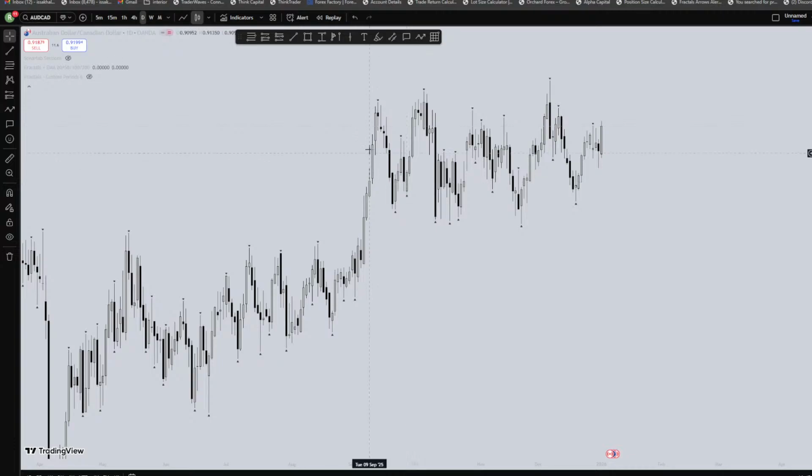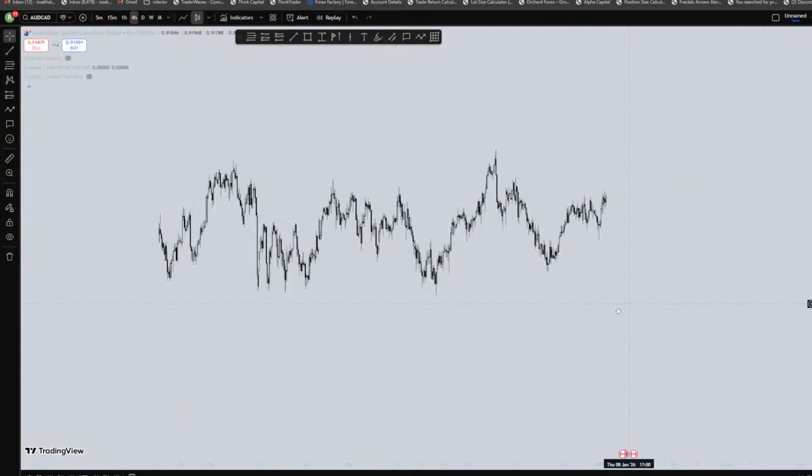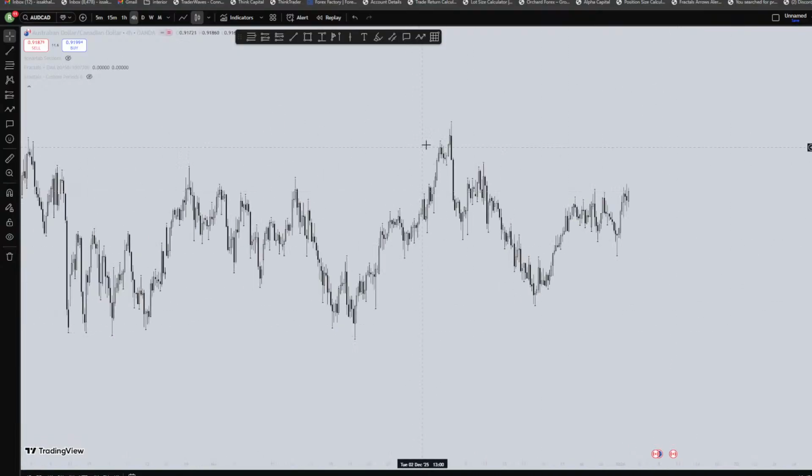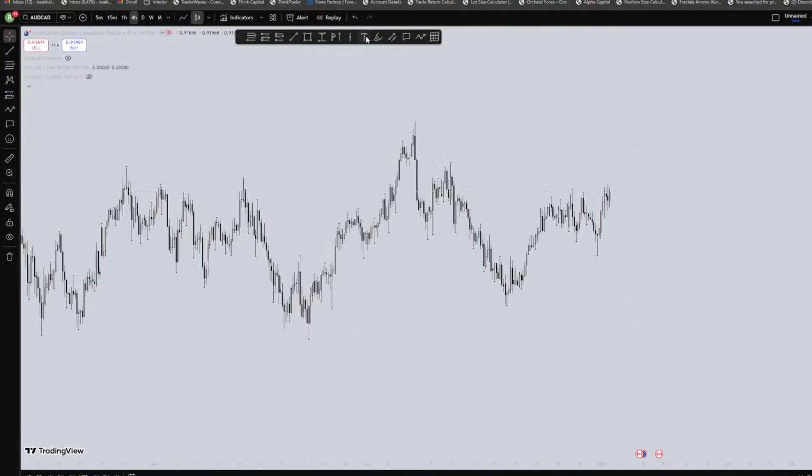Here price is just ranging at this high, been touched multiple times, so it's ranging, nothing to do there. At this peak, market structure shift, so price came back.